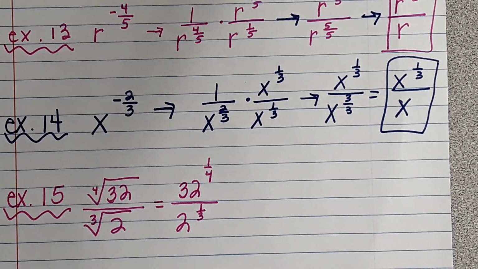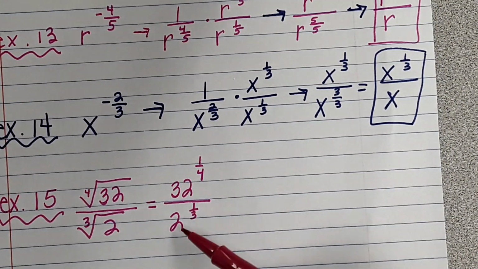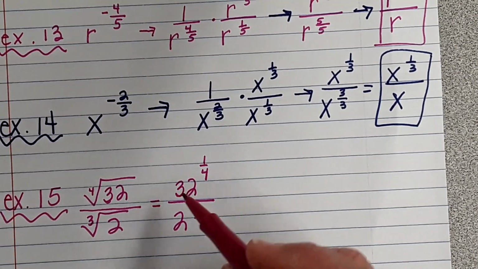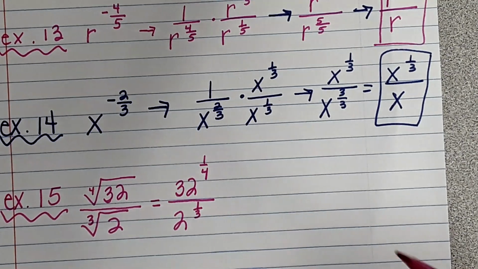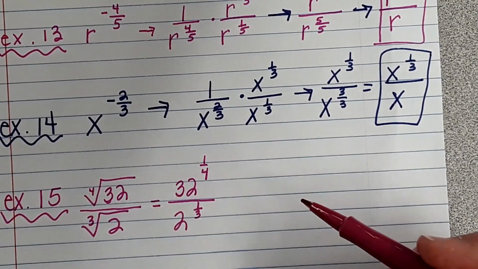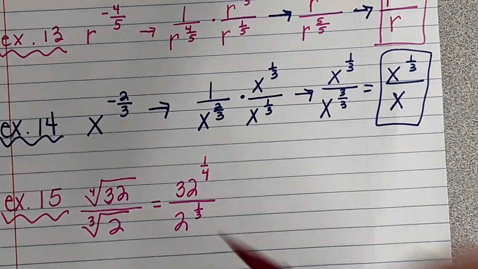Now, remember I told you, you can divide if bases are the same. If the bases are the same, you would subtract the exponents. But our bases are not the same. So here's my question. I can't rewrite 2. 2 is the smallest, I can't go any lower than 2, except for 1, but I can't make a 2 into a 1.